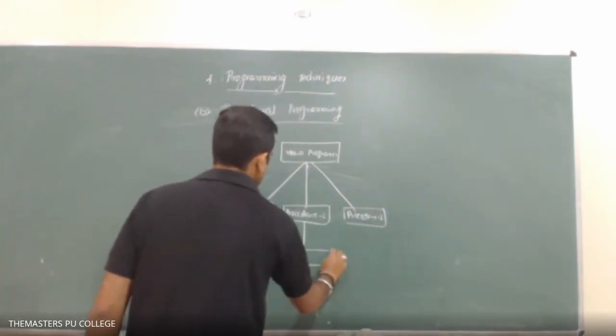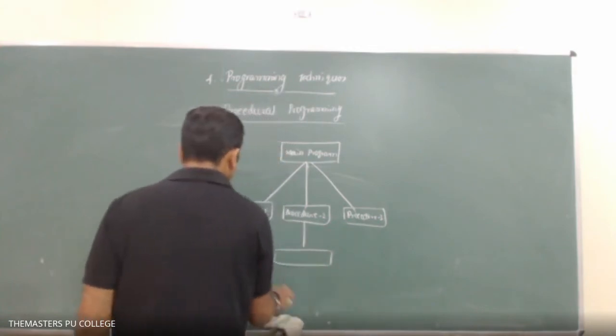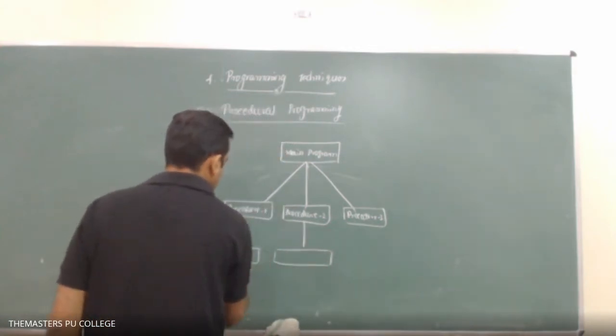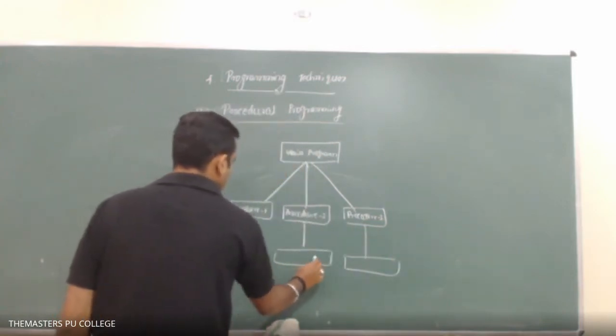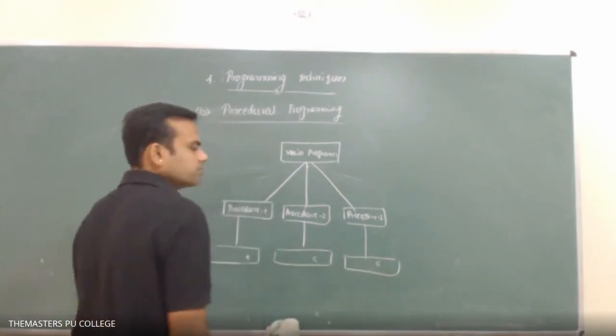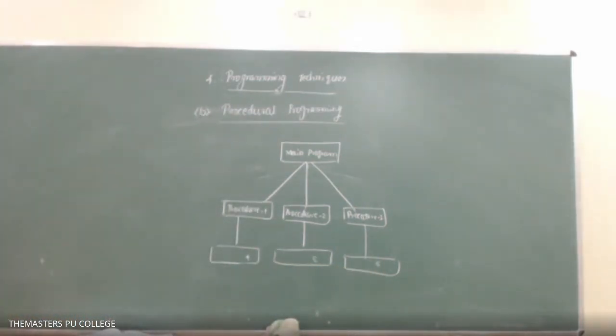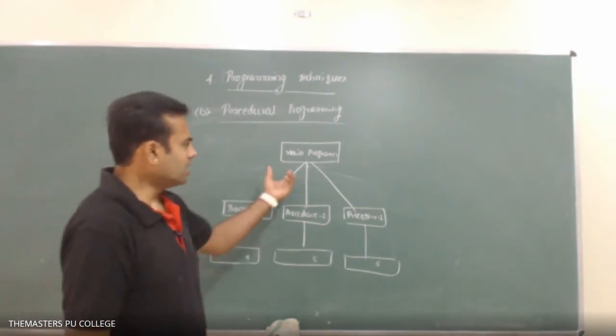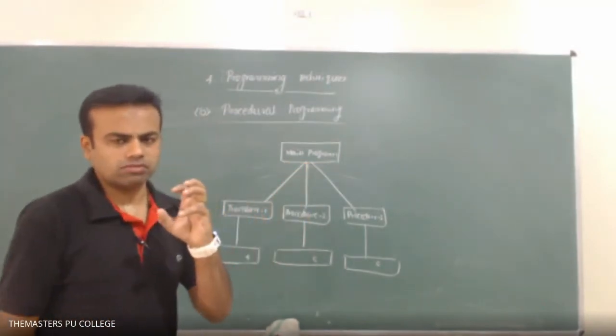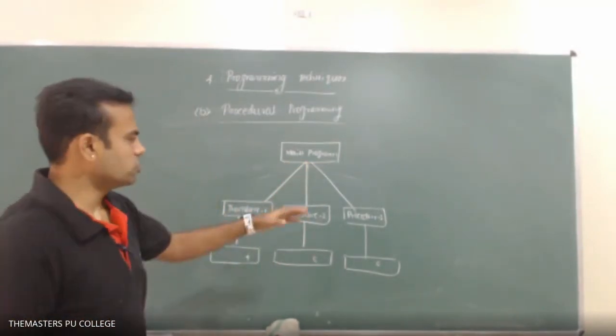Next, here 4, 5, 6 lines. You just write it down. These all work on the procedures, and this main program has got the complete control over the procedures.